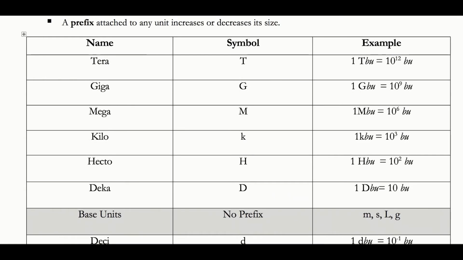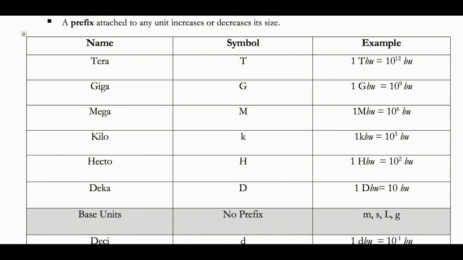If you put the prefix tera in front, so for example, 1 terameter equals 10 to the 12th meters. I just made that unit much bigger. By putting a capital G in front, 1 giga, let's say 1 gigasecond, is 10 to the 9th seconds. 1 megagram, capital M, megagram, equals 10 to the 6 grams.